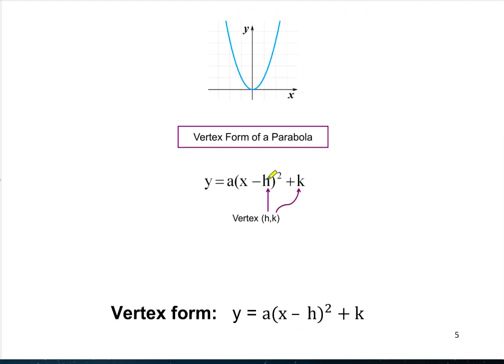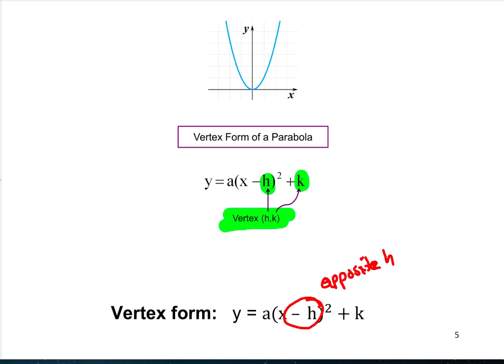Remember that the h and the k, what's being subtracted from the x and what's being added on at the end, form our vertex. So we don't even need to see the graph to figure out where the vertex is going to be. We just have to identify it. The one thing to pay attention to is that it's always minus h, so we're always going to take the opposite of what we see in there.